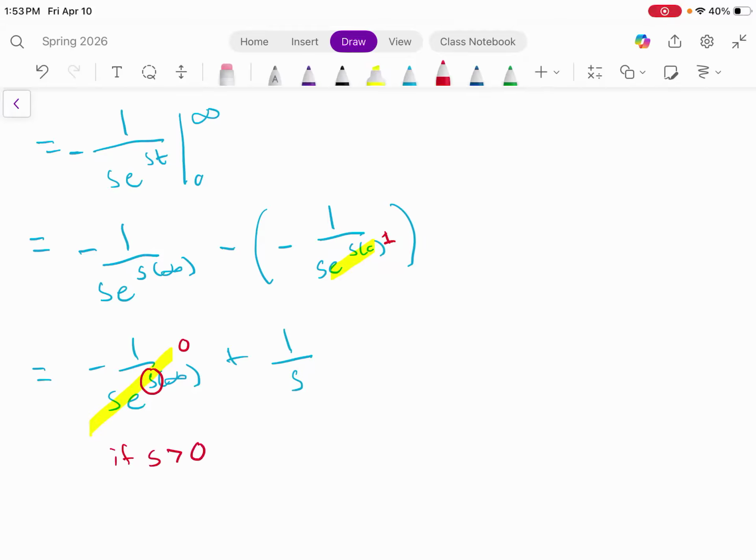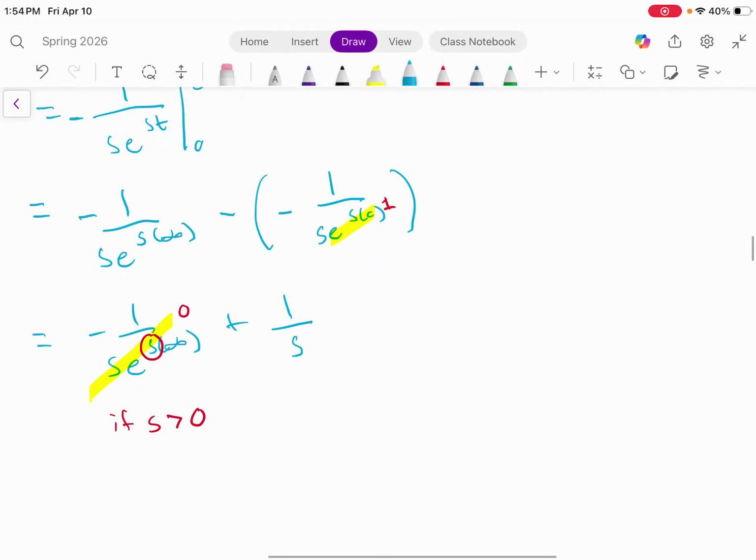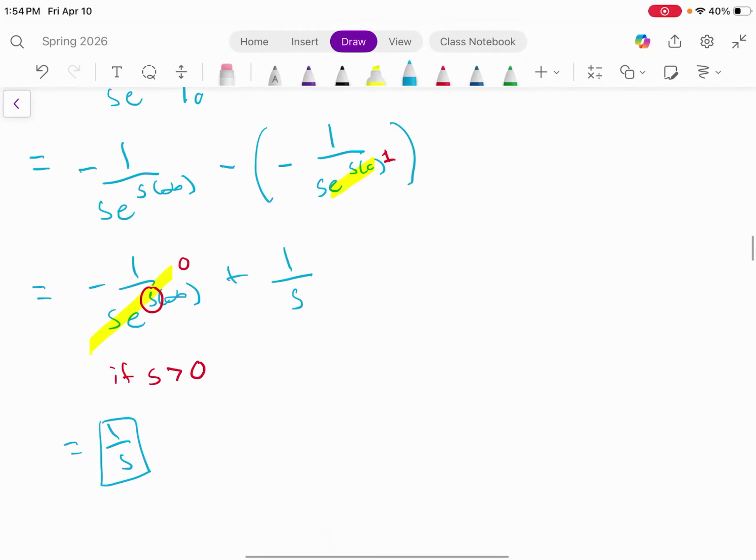If that s stays positive, e to the infinity stays in the denominator, so it's like 1 over infinity and it goes to 0. So we need s to be positive. If s is positive, this whole thing goes to 0, and I'm left with just 1 over s. Therefore, the Laplace transform is 1 over s for s greater than 0.